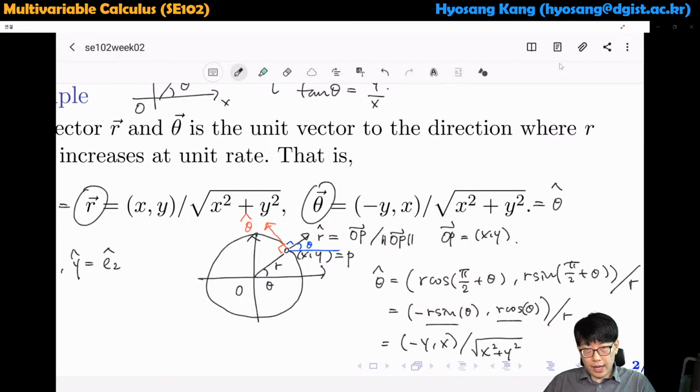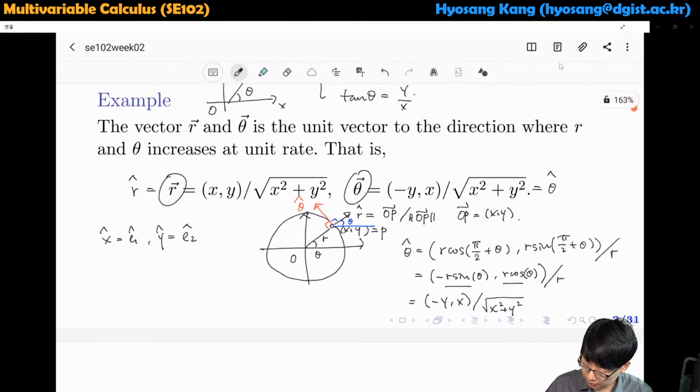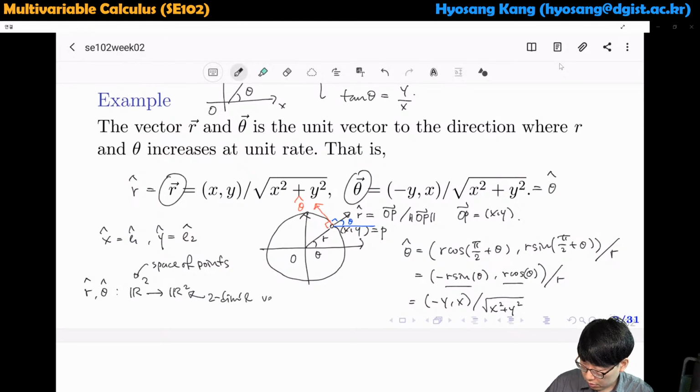So these r hat and theta hat are examples of vector fields. This r hat and theta hat send a point to a two-dimensional vector. So the domain is the space of points and the range is the two-dimensional vector space.